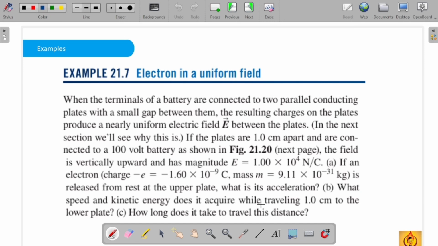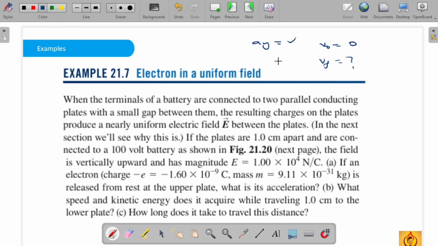So for the speed, remember V naught, we can assume it was 0. Now V final, that's what we are looking for. What are we given? We have the acceleration.